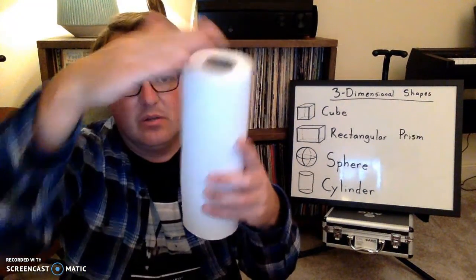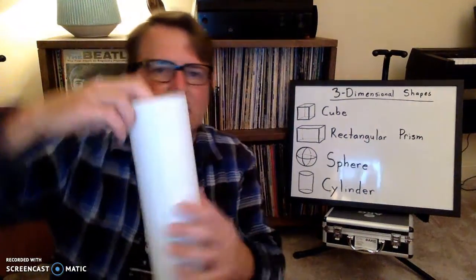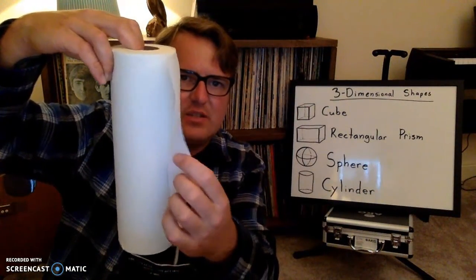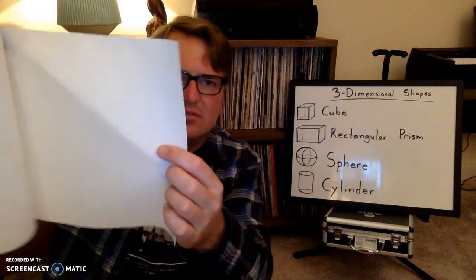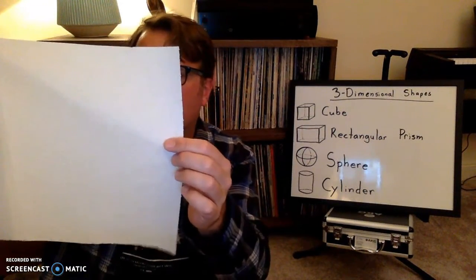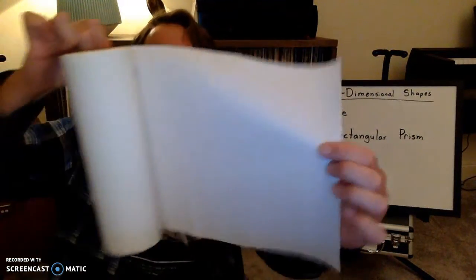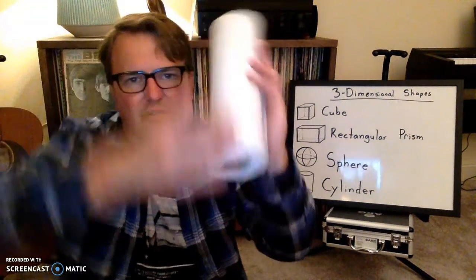Let's see. 1, 2, 3. A curved flat face. Now what's cool about a paper towel is you can actually see that the face, if I was to unwrap it, it's actually a rectangle. So it's got a rectangular face that wraps all the way around. And then it's got 2 circles.